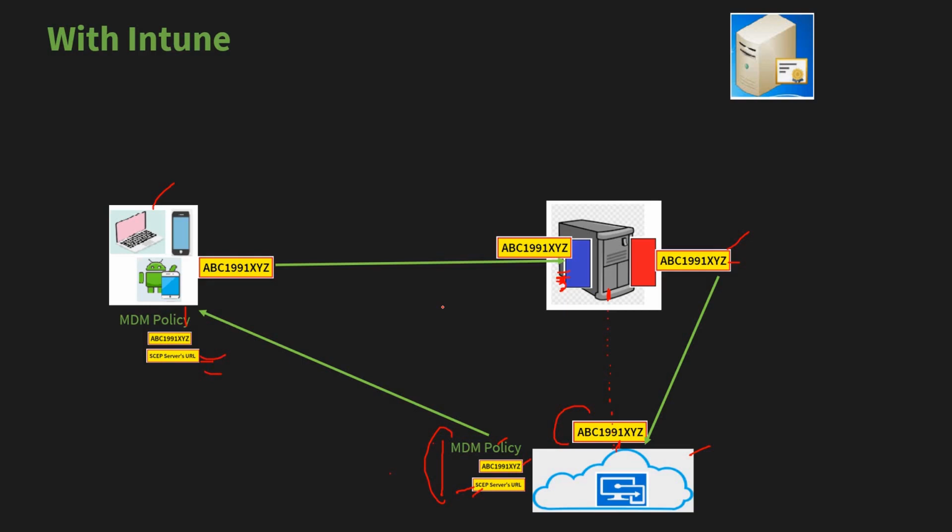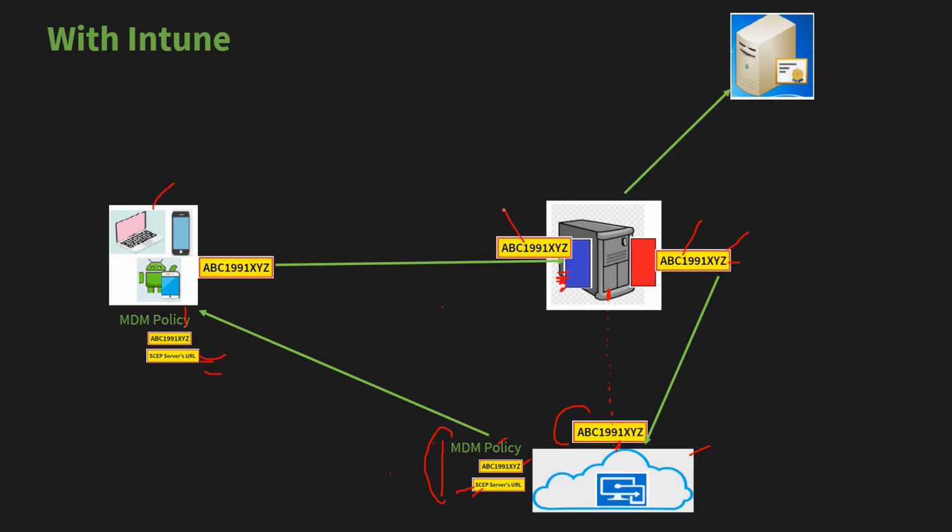Now again, the SCEP server is going to validate the OTP or the challenge. It compares the password that it generated versus the password that it has just received, and it compares the time to live and a few other authentication checks, which we'll take a look at later.